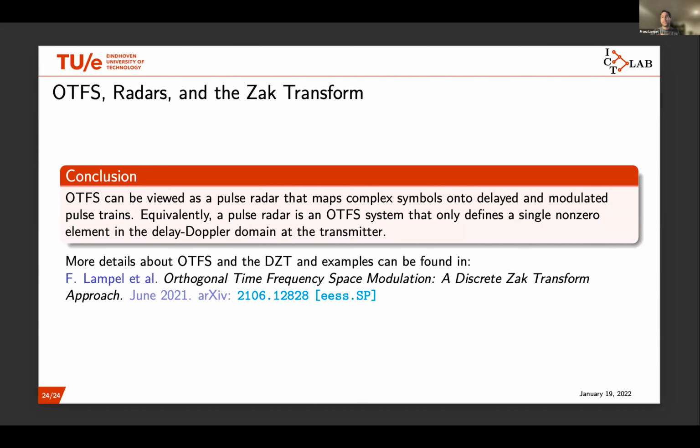But I agree that you could also do this; there was a paper where they use OTFS for radar. You can predict that if there's a target at a certain range and a certain Doppler shift, you can predict how the symbols look. Then you can set up a matched filter and shift over this delay-Doppler domain, and if they match, you know that there's a target.